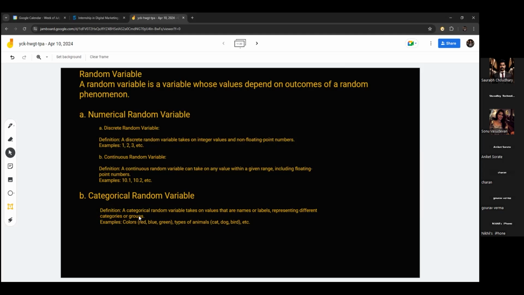These are the categorical. You can say a string is also the same thing. All right, so this is the thing.